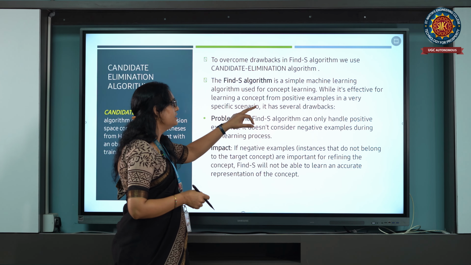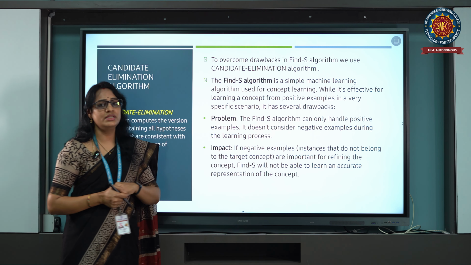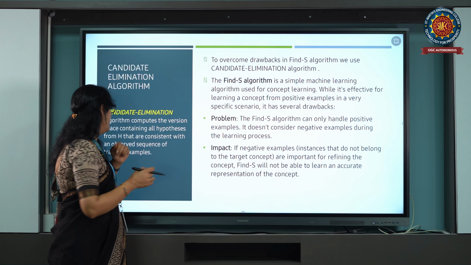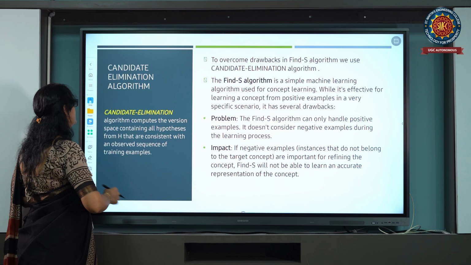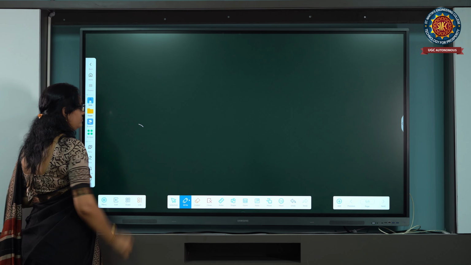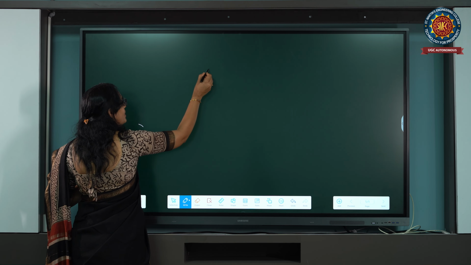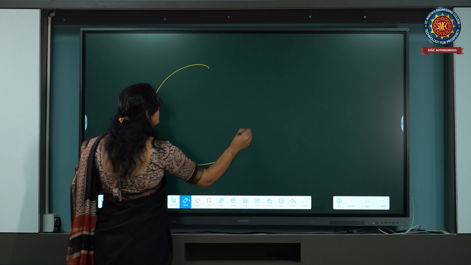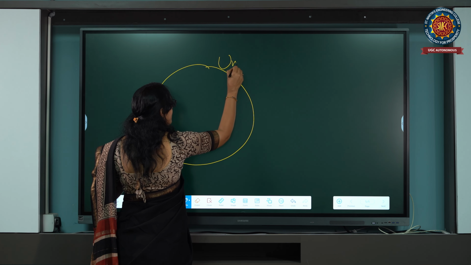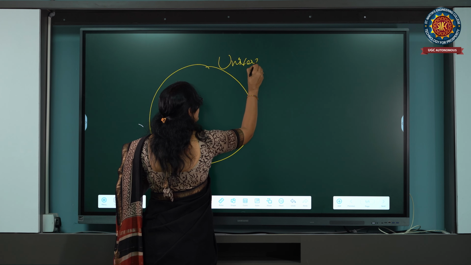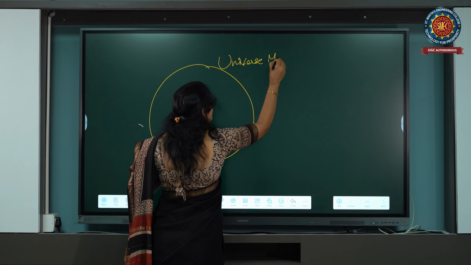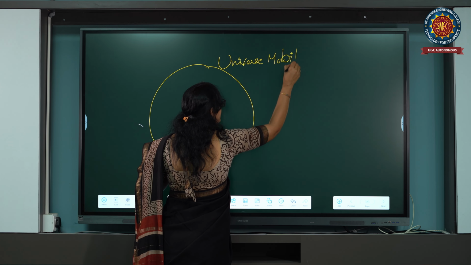First we will see what is this Find-S algorithm. Find-S is a simple machine learning algorithm used for concept learning. So we will see what this concept learning actually is. If I take the universe of mobiles, I want to know about the mobiles here.